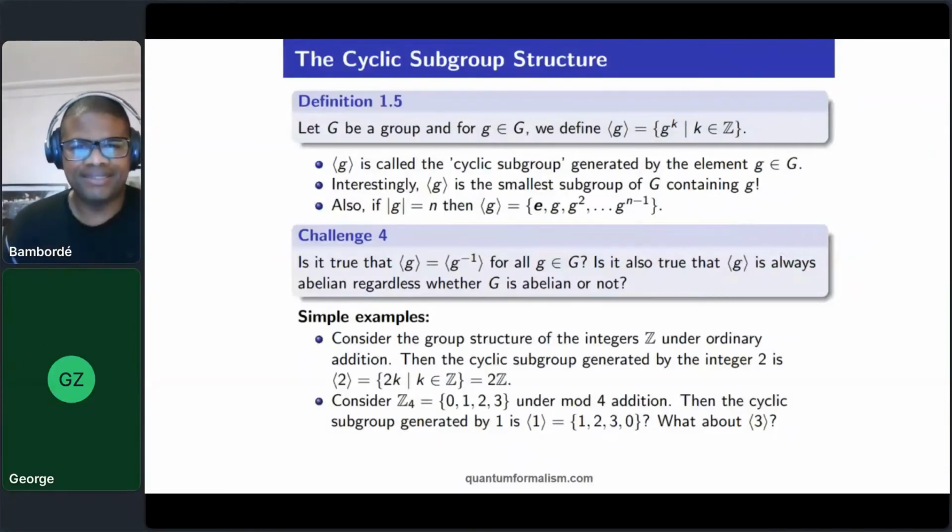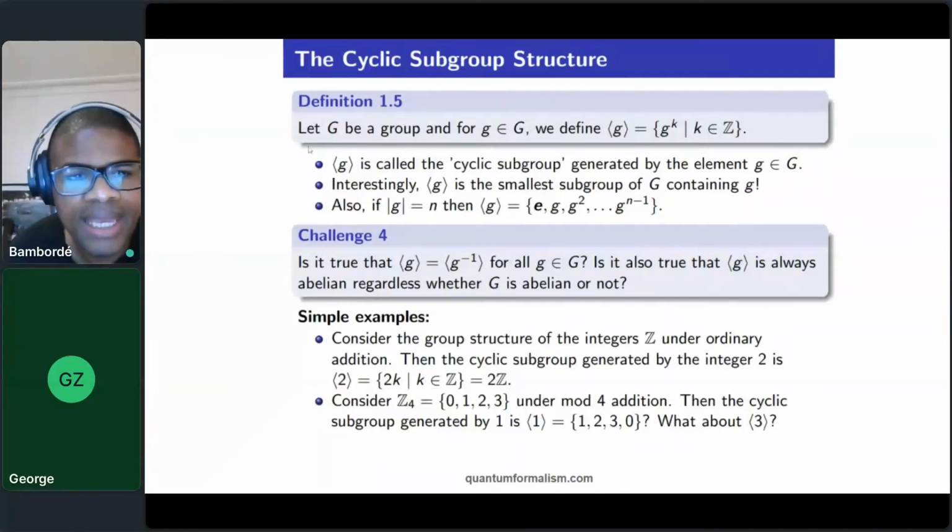I think this is the best way to get us into cyclic groups as opposed to starting in the most abstract way. So, given a group G, and given an element g of G, we define this set, with this very interesting bracket notation, to be the set of all things generated by the powers of the integers, so g to the power of all integers.